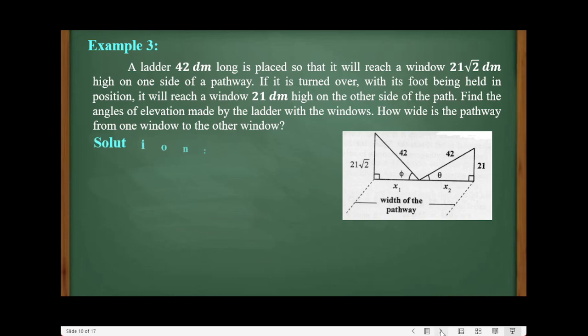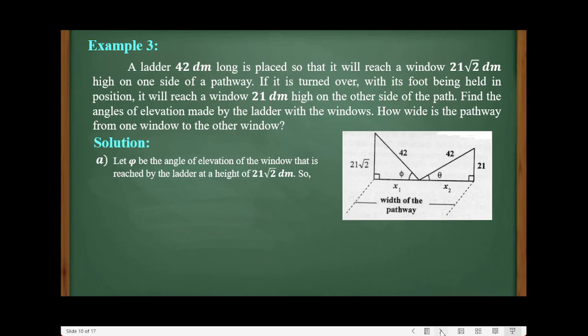So, for our solution, let P be the angle of elevation of the window that is reached by the ladder at the height of 21 square root of 2, this one. So, sine P is equal to what? 21 square root of 2 over 42, or that is, of course, for P, the arcsine of square root of 2 over 2, if you're going to simplify this, which, you will notice, is a special value.